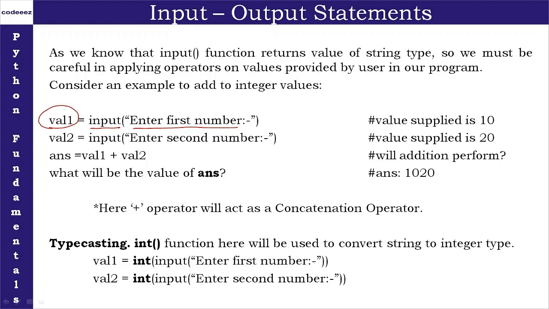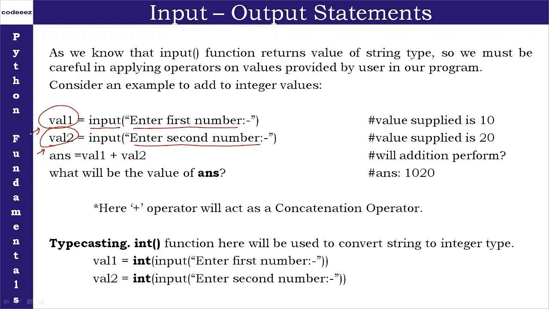In the second line, again a message is being displayed: enter second number. It will again prompt the user to supply some value, and this value will be stored in the variable named val2. Means now after these two lines get executed, we have two values, one value in val1 and the other value in val2, right?